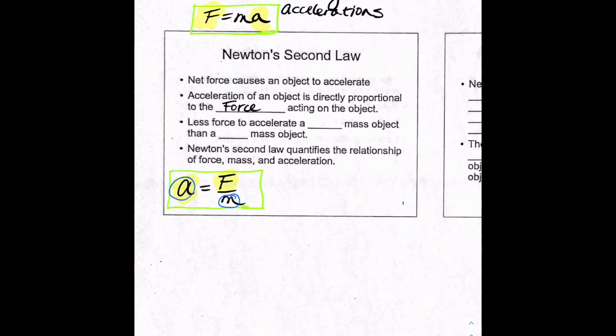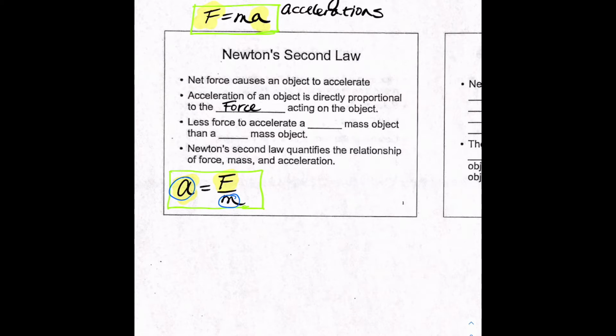You can think of this if you were trying to push a book across a table, right? And you used all the force you had to push this book. But then you replaced the book by something a lot heavier with a greater mass. And you once again used all the force you could, right? And of course that object with the greater mass wouldn't accelerate as much. And so we see an inverse relationship.